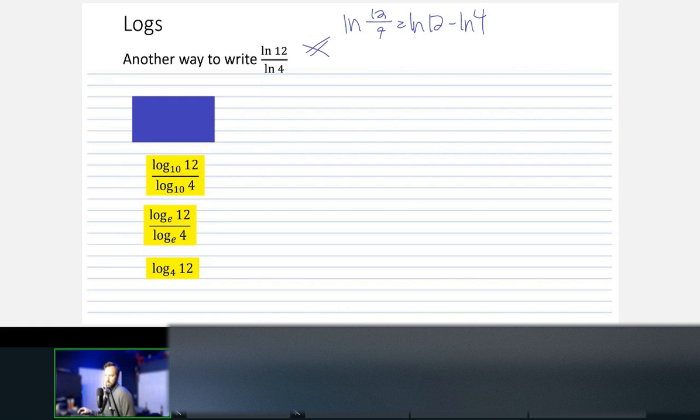I don't know why I put the 10 there. We don't need it. There's an infinite number of ways to rewrite this. We could do log base 2 of 12 over log base 2 of 4, log 12 over log 4, log base e of 12 over log base e of 4, log base 4 of 12. So there are infinite ways to rewrite the original problem.